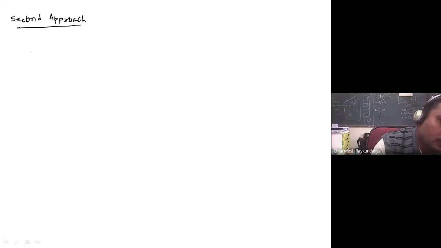Suppose I wish to evaluate this integral from 1 to 3 of e raised to minus x square dx. Can I write it in this way?